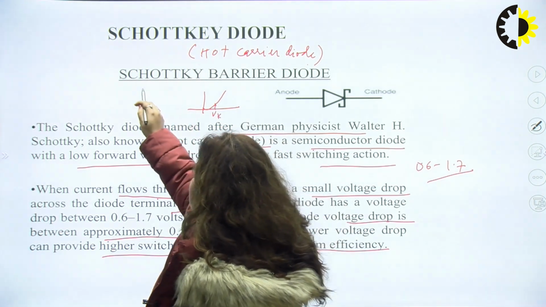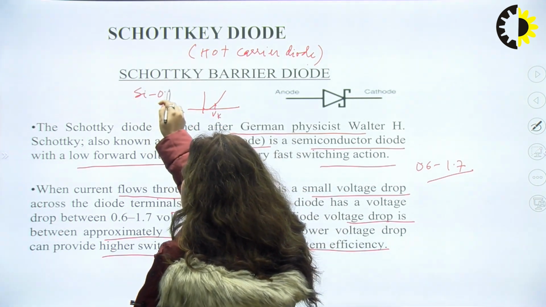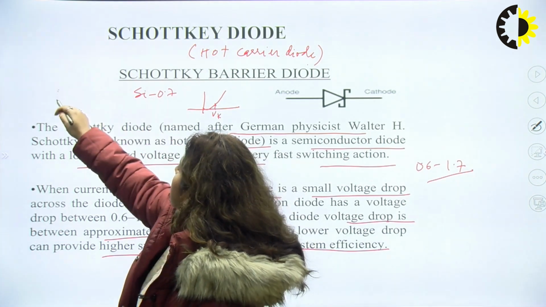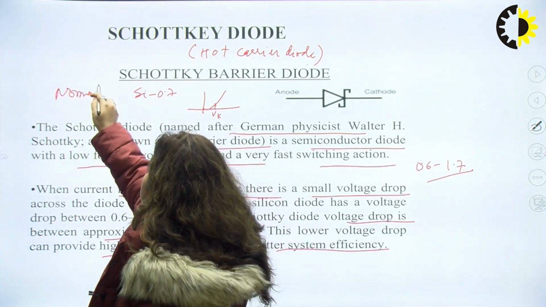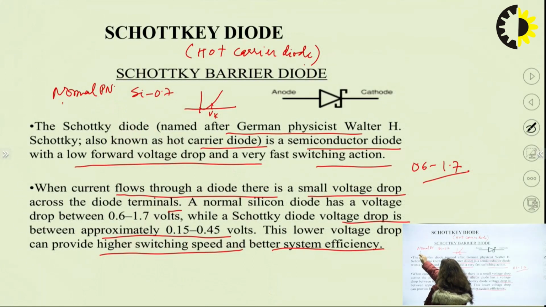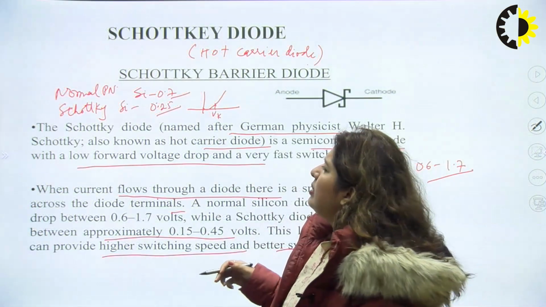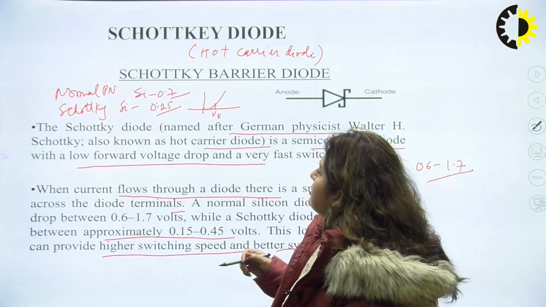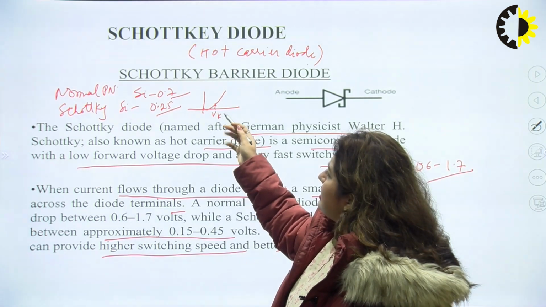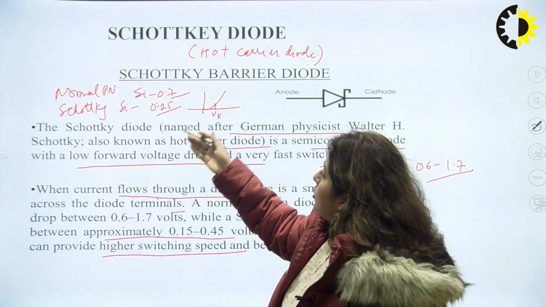For the normal PN junction in silicon, it is 0.7 volts, but for Schottky, it is around 0.15 to 0.45, so around 0.25. There is a major difference between the normal PN junction and the Schottky diode. The knee voltage is lesser as compared to the normal PN junction.